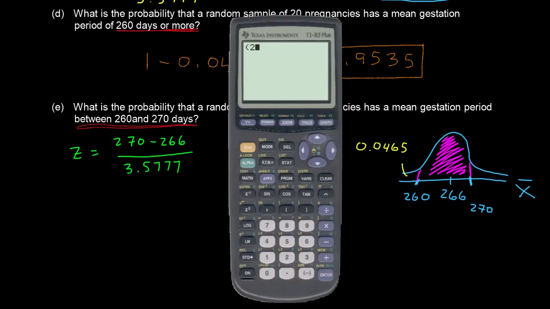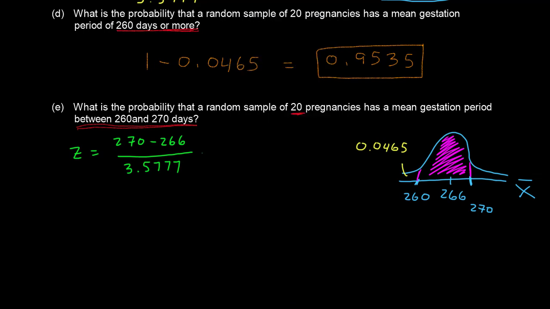We'll do 270 minus 266 divided by 3.5777 to get our z-score of approximately 1.12.